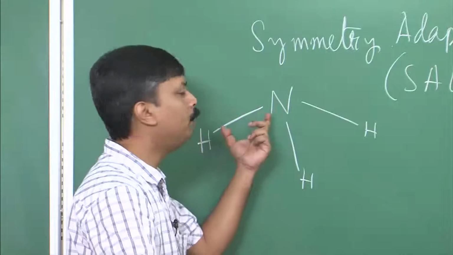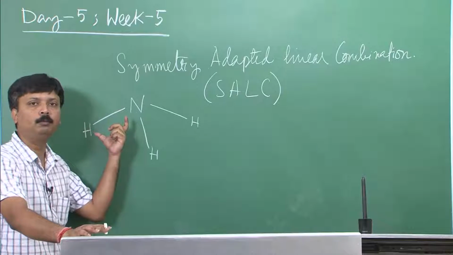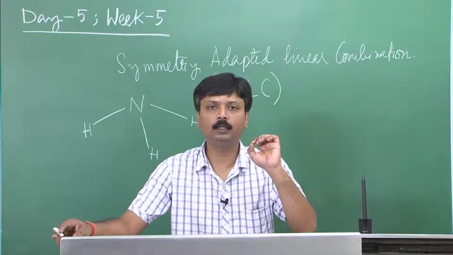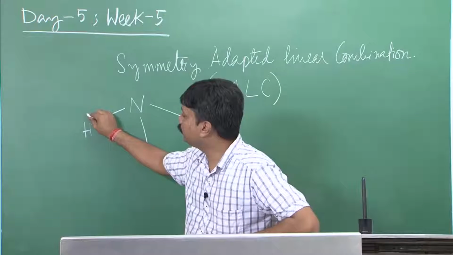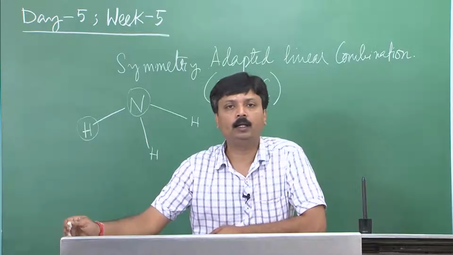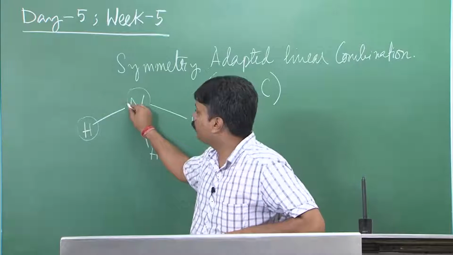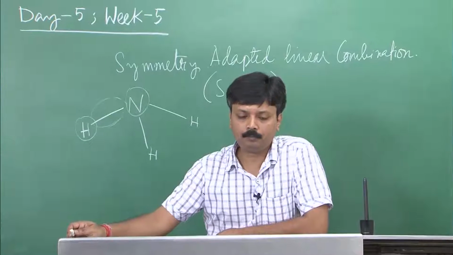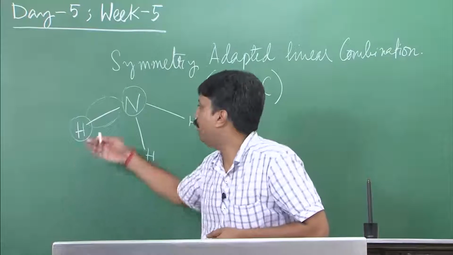Which orbitals will combine to form this bond is governed not only by the energetics but also by the symmetry. Unless the orbitals of these atoms have the same symmetry, they cannot combine. So there is a symmetry restriction, and therefore the combination that we form to facilitate the bond formation will be a symmetry adapted linear combination of atomic orbitals.